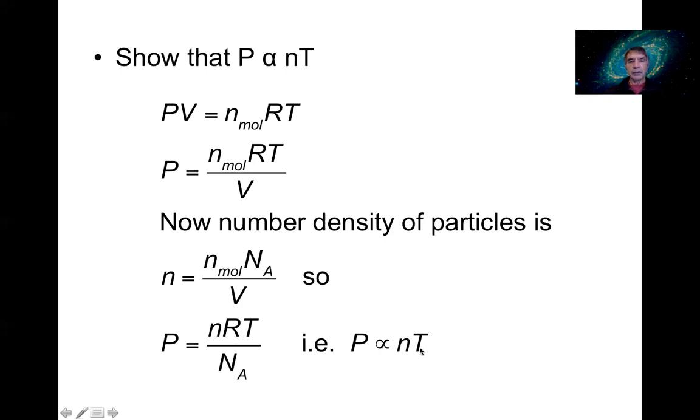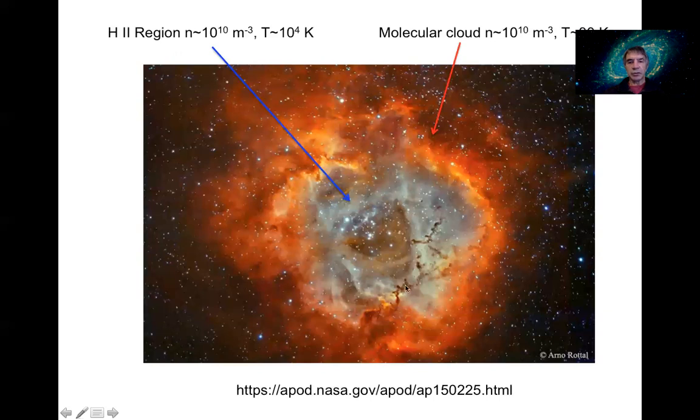So I then asked you to think about the case of an H II region surrounded by a molecular cloud. A nice pictorial example here, again from Astronomy Picture of the Day, which comes out every day, as the name suggests. This one is showing a nice H II region. The blue light here is the ionized gas.